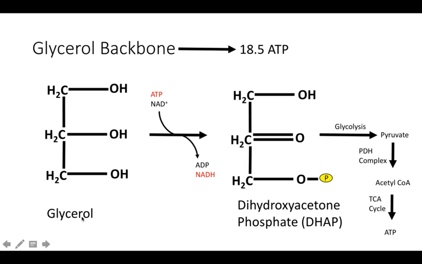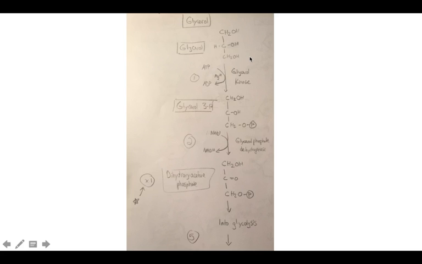The conversion from glycerol into dihydroxyacetone phosphate, you're going to use 1 ATP, get out an NADH, and then this DHAP can feed into glycolysis, eventually yielding pyruvate, which then goes through the PDH complex to give you acetyl-CoA, and then through the TCA cycle, and you get your ATP equivalents of NADH and so on. So that's why you end up with 18.5 ATP for that.